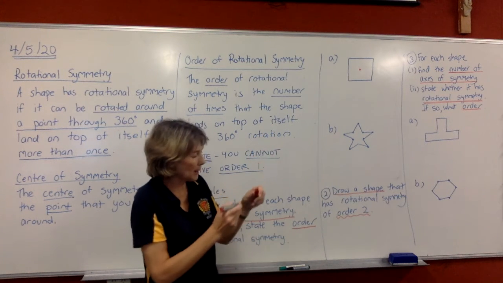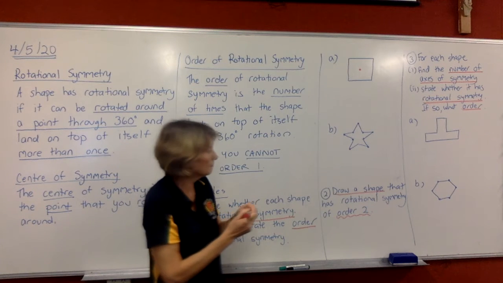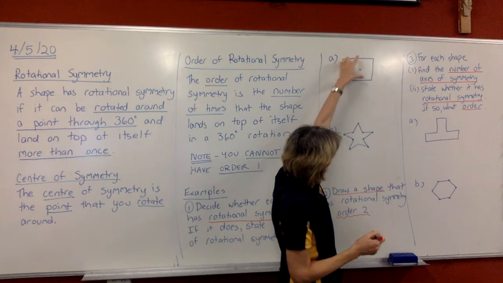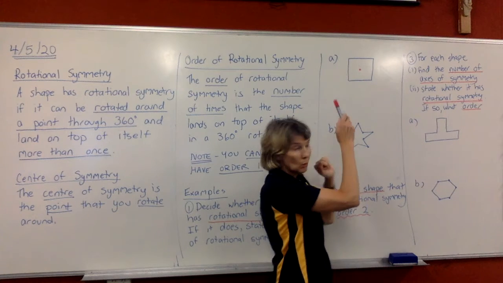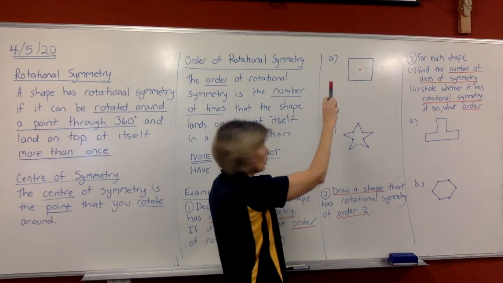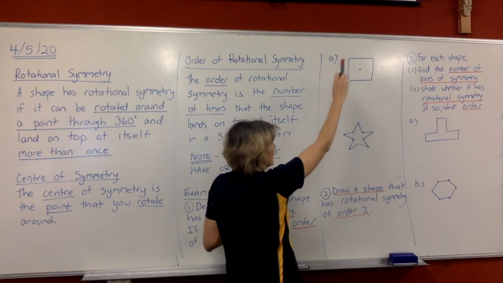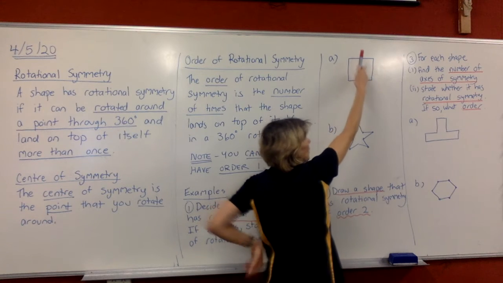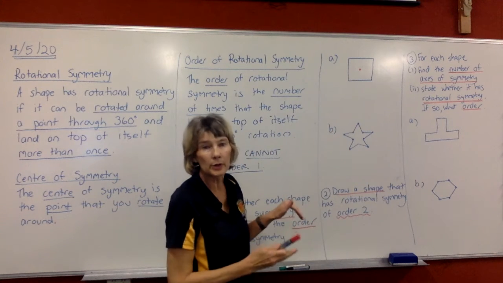Okay, we're going to spin around that point. When we start to spin, let's go clockwise, which is the way the hands of a clock go if you've got an analog clock, not a digital one. So I'm just going to rotate clockwise.